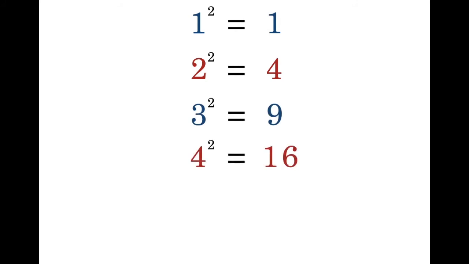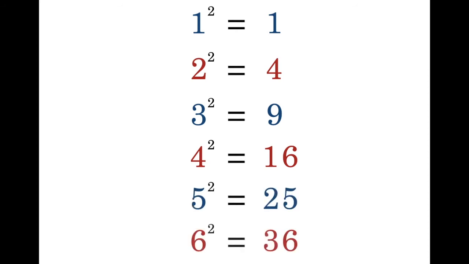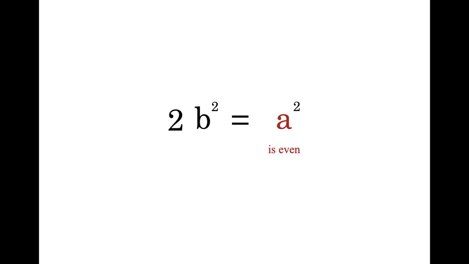Even squared equals even. And so on. For the sake of not getting too sidetracked, if you're curious as to why this is, I encourage you to pause the video, put on a second thinking cap, look at the factors of these numbers, and then jump back in when you're ready. Back to our equation.